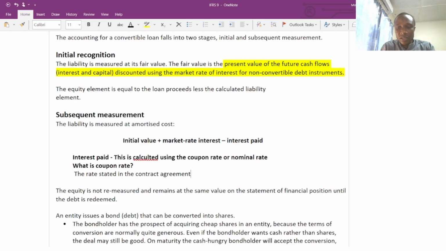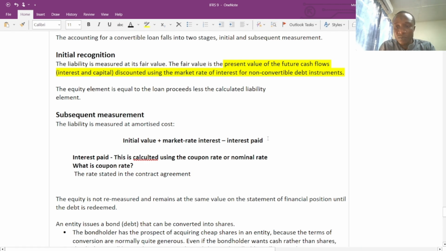Another meaning of the coupon rate: it is used to calculate the actual cash interest paid.